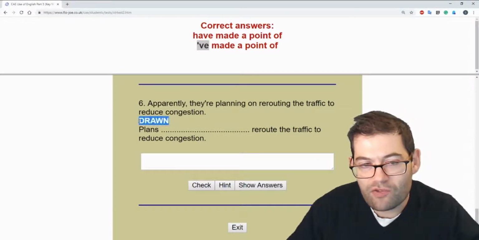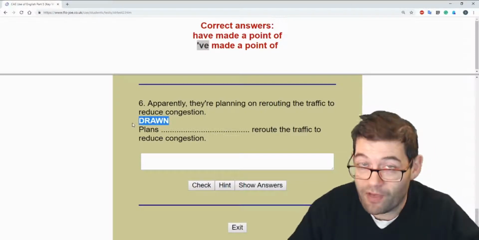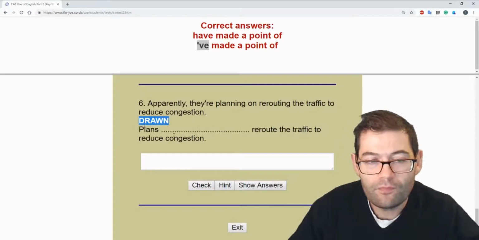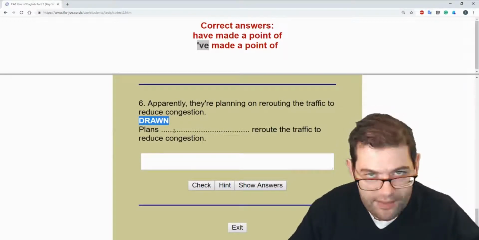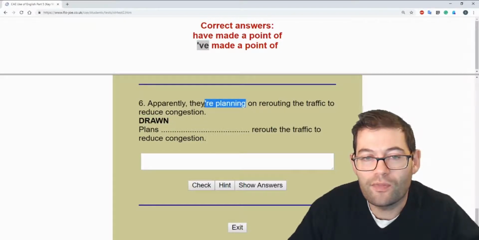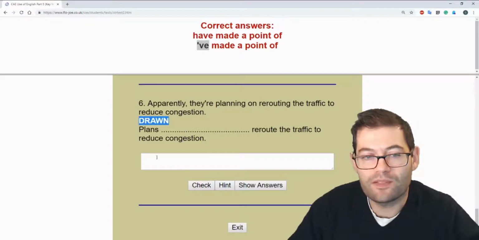So I mentioned that drawn is a past participle. Past participles are either used in the perfect form or in the passive voice. Here we can't use the perfect tense because, as mentioned, we're using the continuous form here. So we've got to use the continuous form in the passive using our past participle.